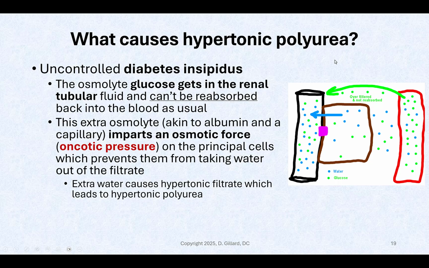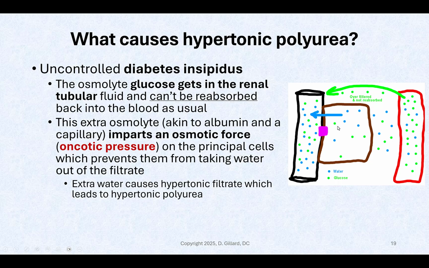What causes hypertonic polyuria? So uncontrolled diabetes is the classic here. I always ask this on the exam. I think we've actually talked about this before, but again, maybe it was endo we talked about it. But here, let's say that's the connecting tubule of the renal tubules, kind of the distal part of the distal convoluted tubule.